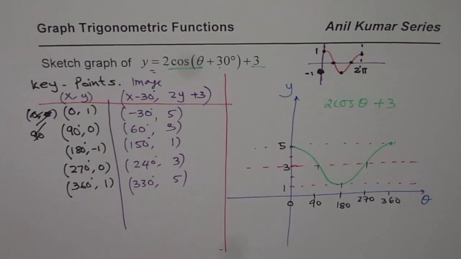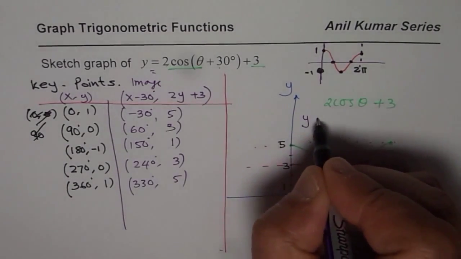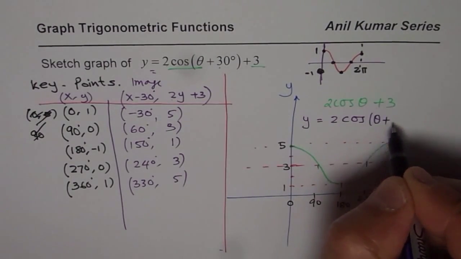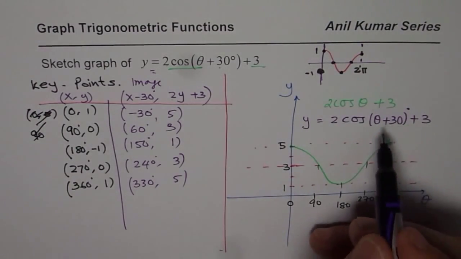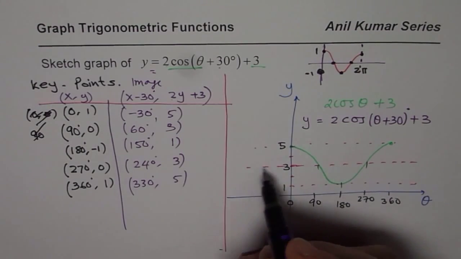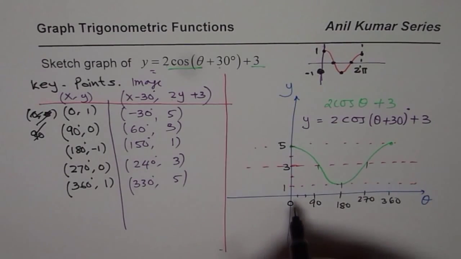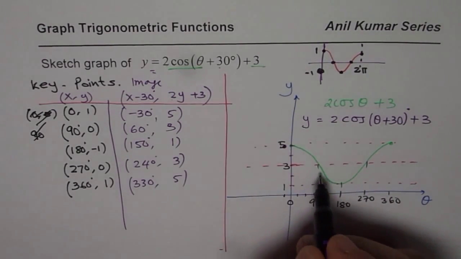Perfect. Now what we will do, and that is critical, sketch the function, which we have y equals 2 cos of theta plus 30 degrees plus 3. That means we have to move it 30 degrees to left. 30 means 90 is divided into 3 portions, right? So this small bit is 30. So we'll move every point 30 units left.